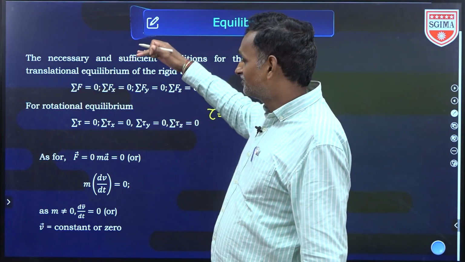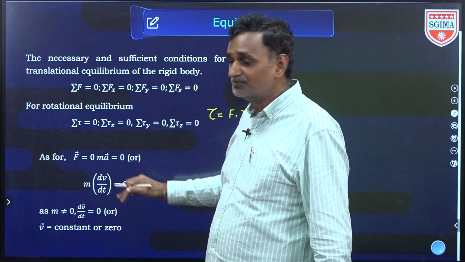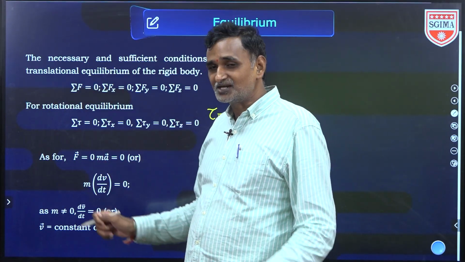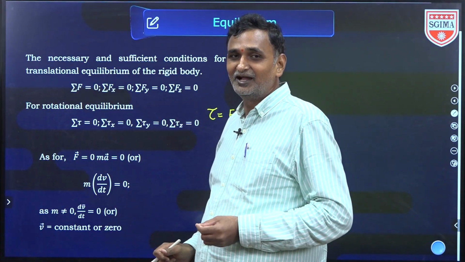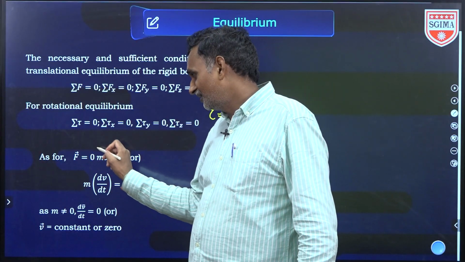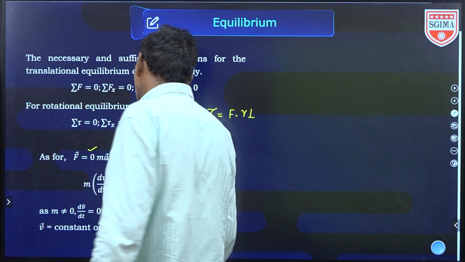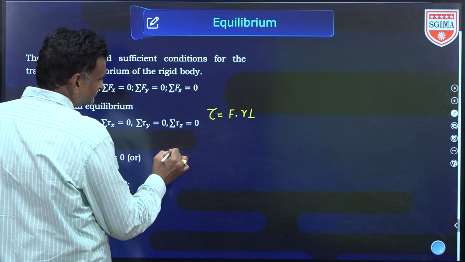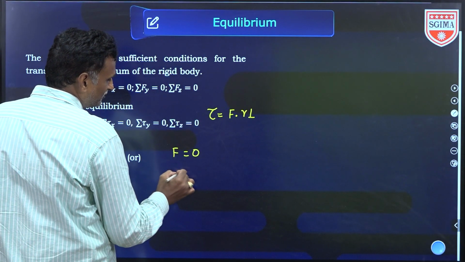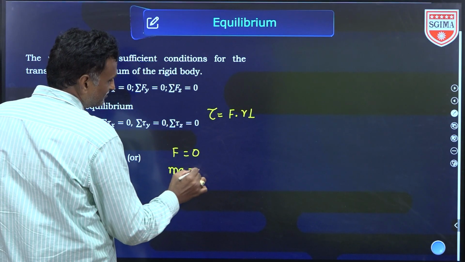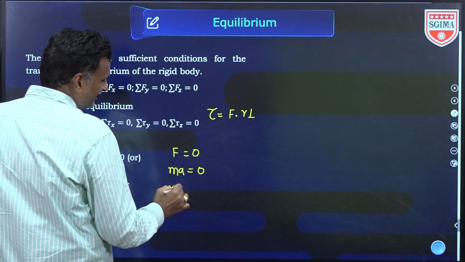More concept we can develop for translational equilibrium. Here, as I said in words in the last slide, if F net acting on the body is 0, then according to the second law, F equals ma. That is F equals 0, so ma equals 0.